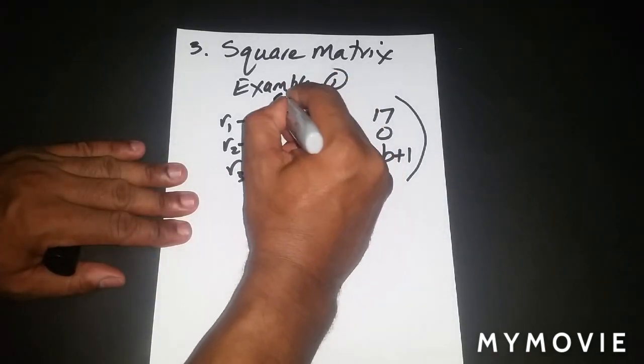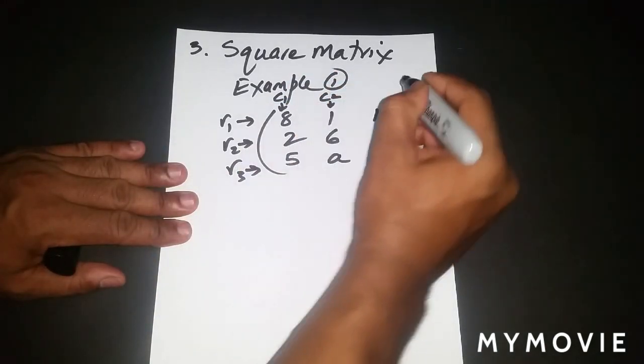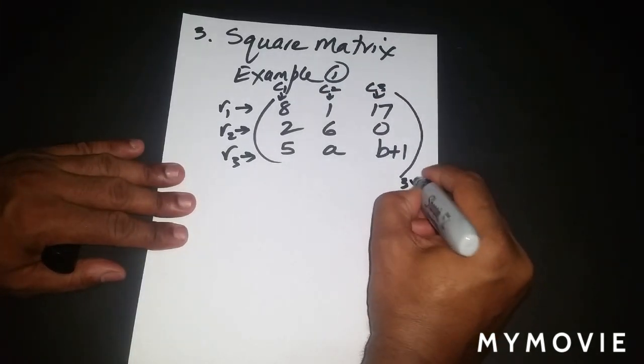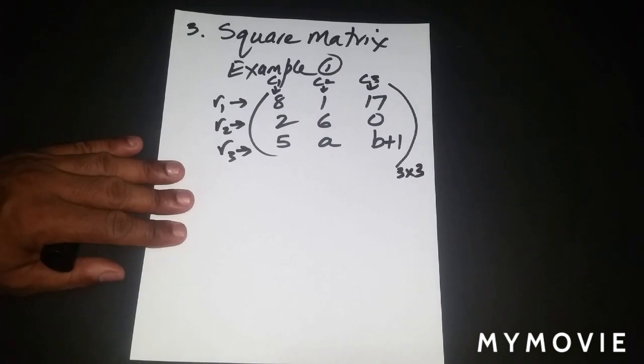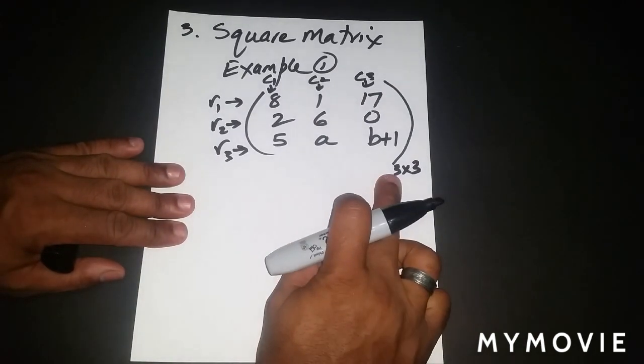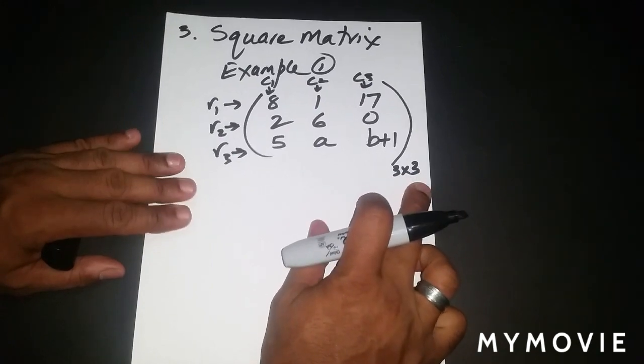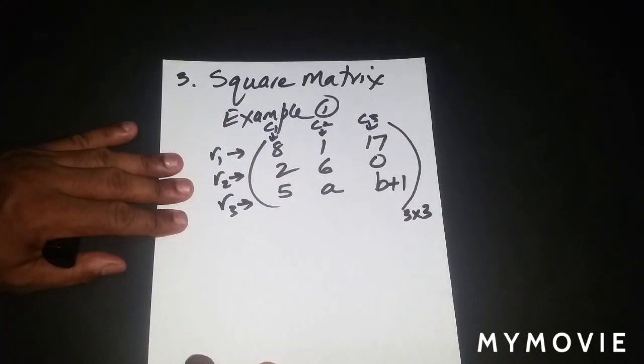And also we have one column here, 2 columns, 3 columns. So this is a 3 by 3. So this classifies as a square matrix simply because the number of rows here equals the number of columns. So once the numbers are the same, then it's a square matrix.